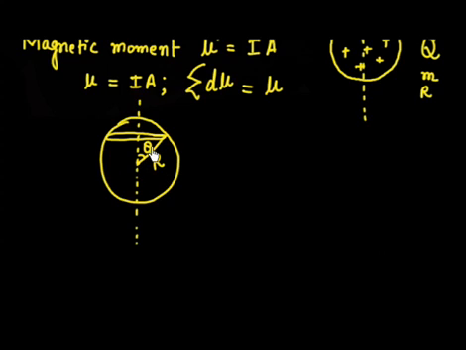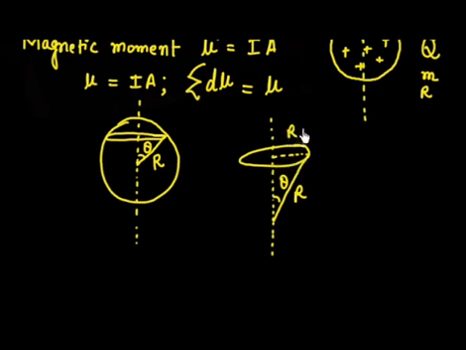Basically we can make another diagram. You will have a disk of radius small r at angle theta. We can calculate what is the radius of this disk. This is theta, this is r, so this is r sine theta. So the radius is r sine theta.